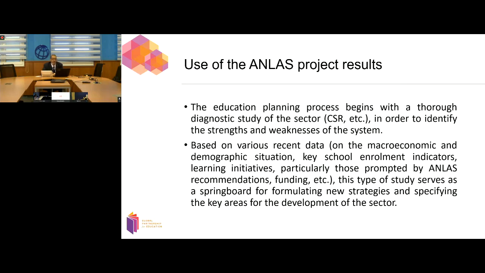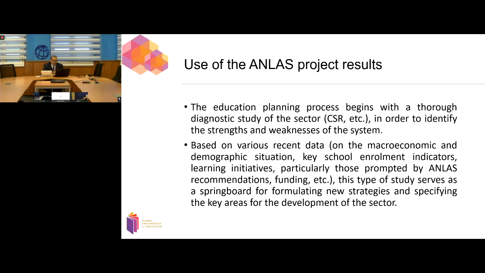So the education system planning, we noticed that we have a sectoral plan, 1 and 2, between 2000 and 2020. And then there's a sectoral plan, which is going to start in 2021 and go until 2030. Where can we put the ANLAS results?